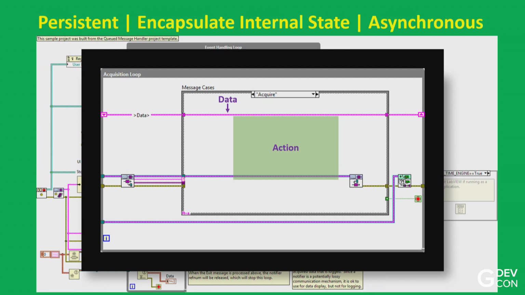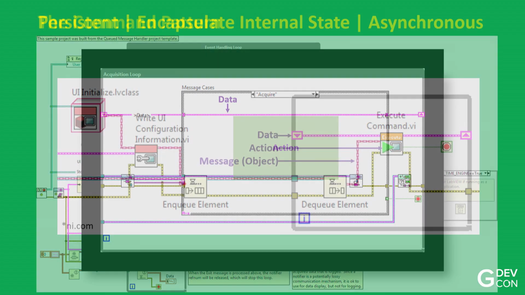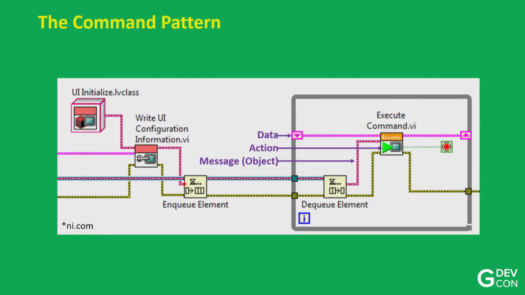So if we want something to change functionality depending on the data we wire to it, we could look to object-oriented programming for the solution. Here I've put down an example of the command pattern, where depending on the object that we send a VI, we want that to change functionality.